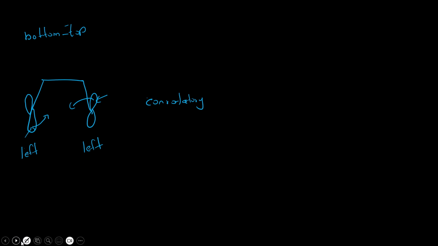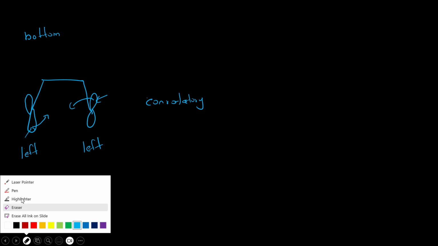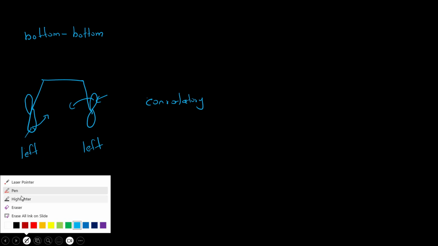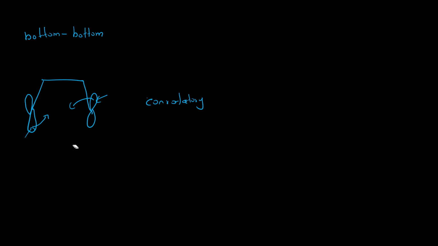Now in the last case, we have the bottom. Let me erase this. You have to overlap this part with this part, so you have to take this one here and take this one here.